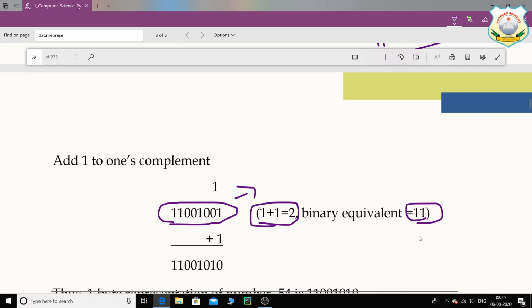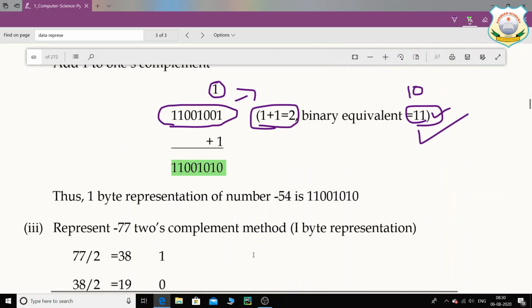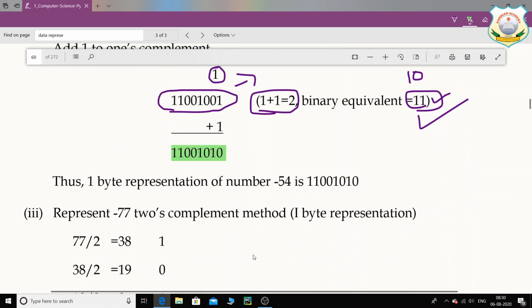The binary they have shown over here is 1 1, that is wrong, that is 1 0. That is a mistake, children. Okay, that is 1 0, and you can see they have taken 1 0 over here. So they have carried 1 and they have taken 0 over here. Okay, so 1 0, and then the 1 will come as it is and the rest of the number, and this is called the 2's complement. That's it.